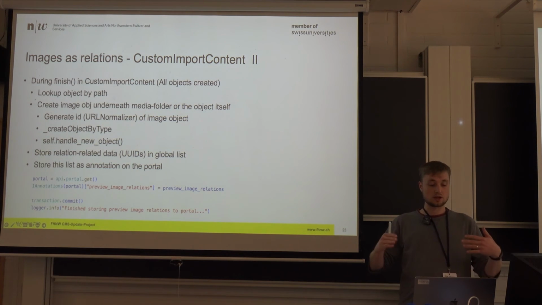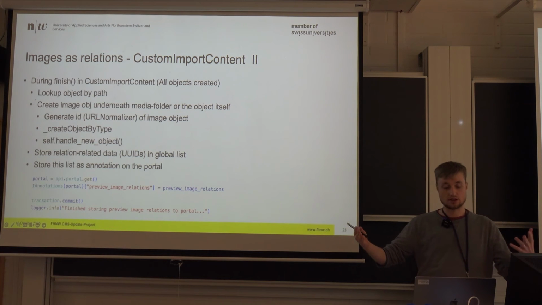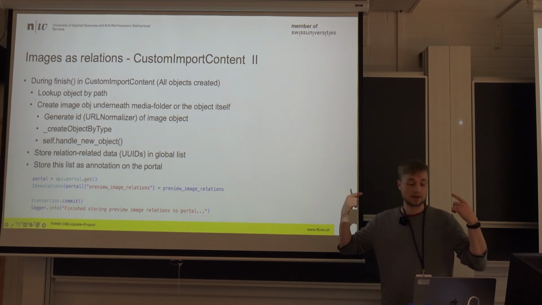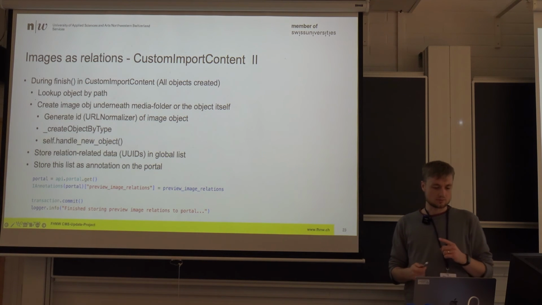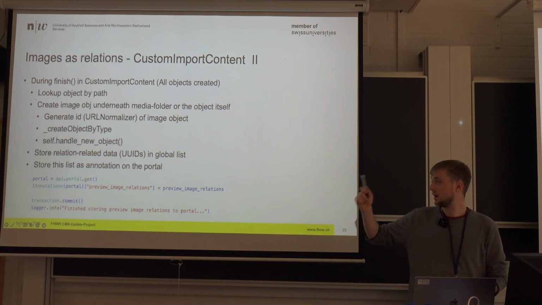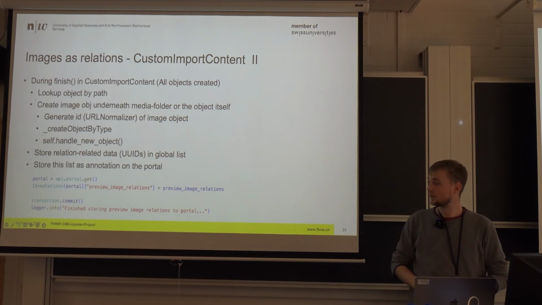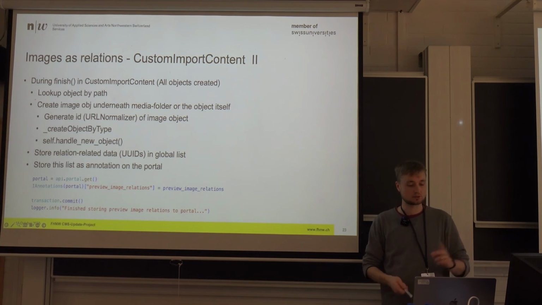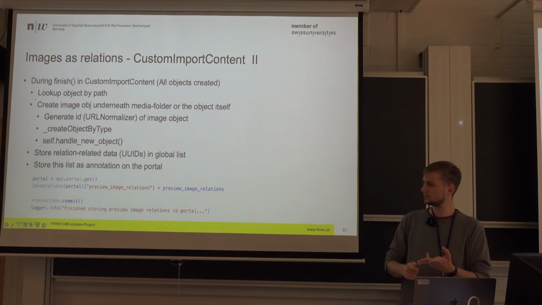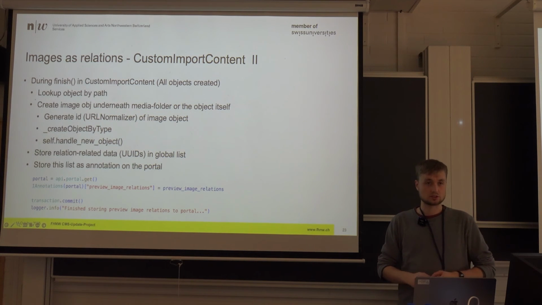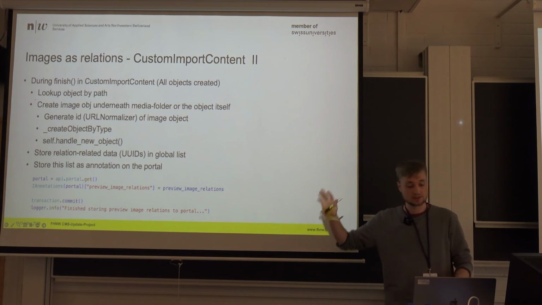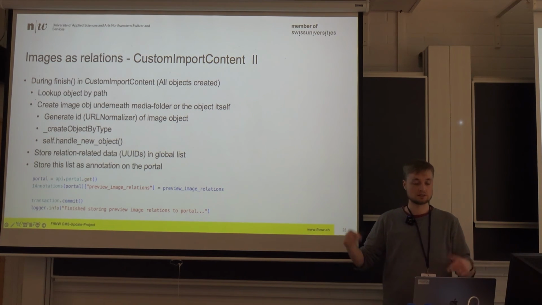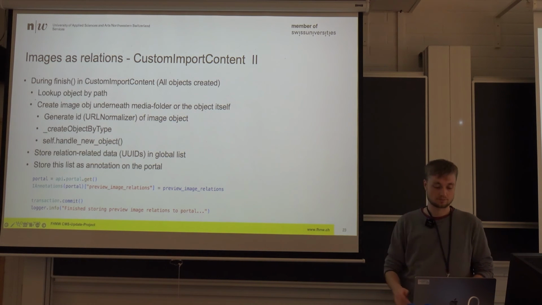And then we have created the object, and now we need to add the relation. How we did it was that we prepared relation data, mainly the UIDs with the source and the target, and I think the field is in there as well, and stored this in a global list. And this global list we stored in the end as an annotation on the portal.